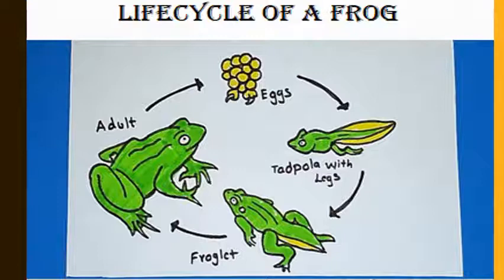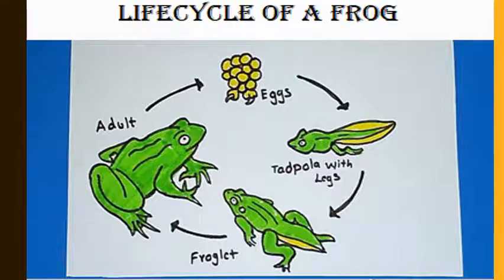As a tadpole, it has fins to swim and gills to breathe in the water, and as an adult frog, it has lungs to breathe and moist skin. The tadpole breathes through its gills, but as an adult frog, it breathes with the lungs and its moist skin.